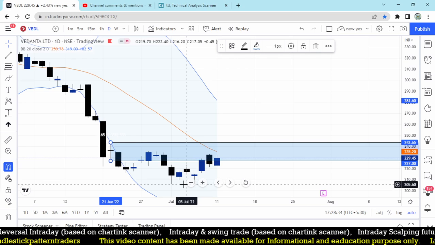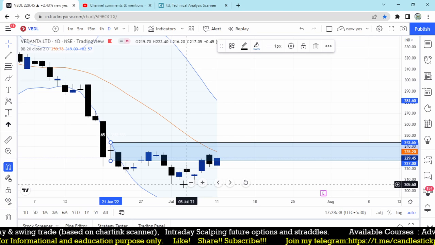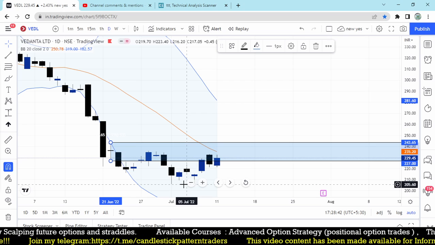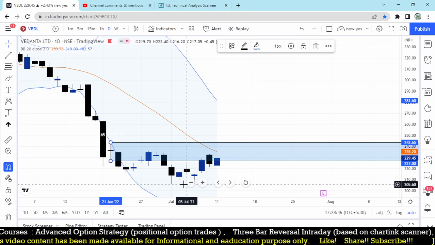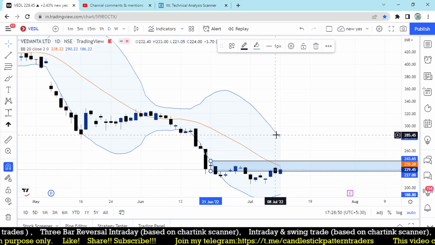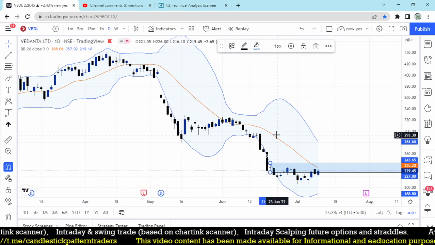I am not recommending to sell stocks or any put option like that. But at the highest level, I'm going to find a sell opportunity. When that kind of trade is happening, we can easily find such a trade opportunity by using scanners and screeners.